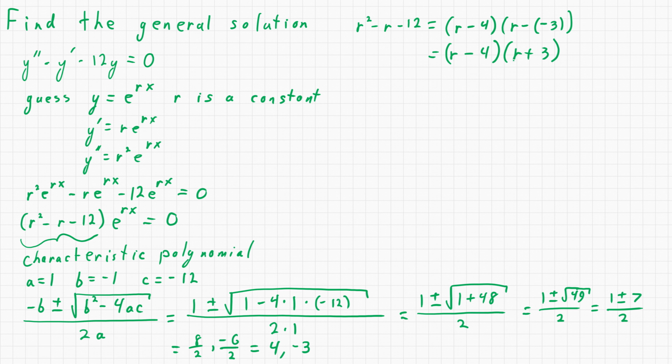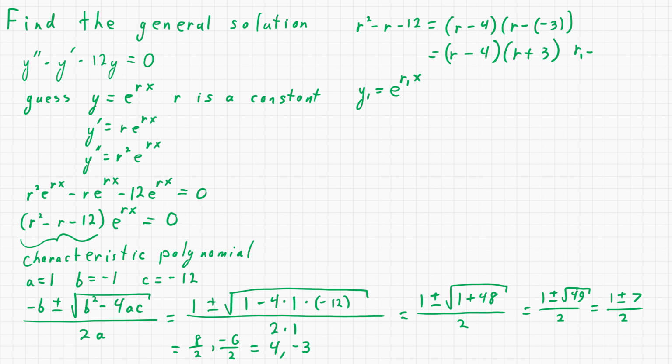And I think that works out. r times r gets me the r squared. I have a negative 4r and a plus 3r, that gives me negative r. Then negative 4 times 3 is the negative 12. Yeah, that works out.